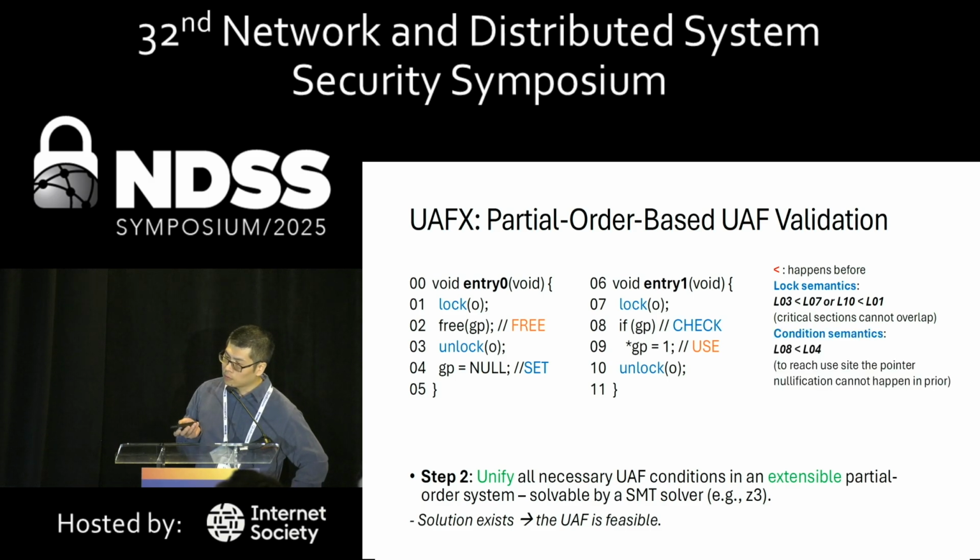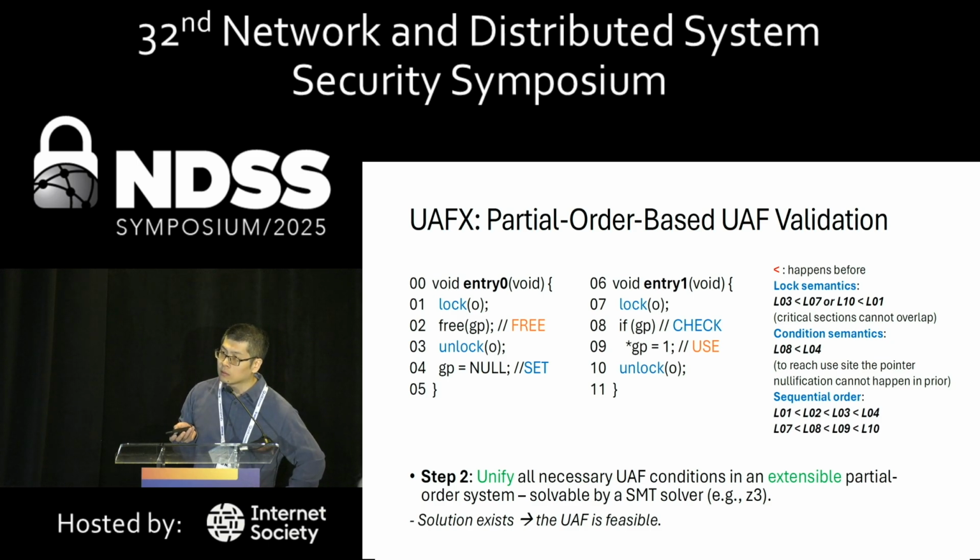Similarly for condition set and check, because we need to reach line 9 to trigger the UAF, the condition check at line 8 must happen before the conflicting condition set at line 4. So we can also encode the condition set and check in this unified partial order based system. And of course, we also have some trivial constraints here, such as line 1 must be executed before line 2.